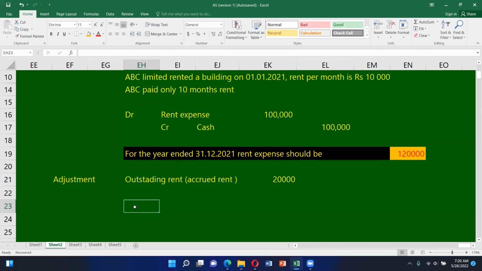So now for these adjustments, we need to pass an adjustment. So how do you pass the adjustment? Debit rent expense. How much? 20,000.